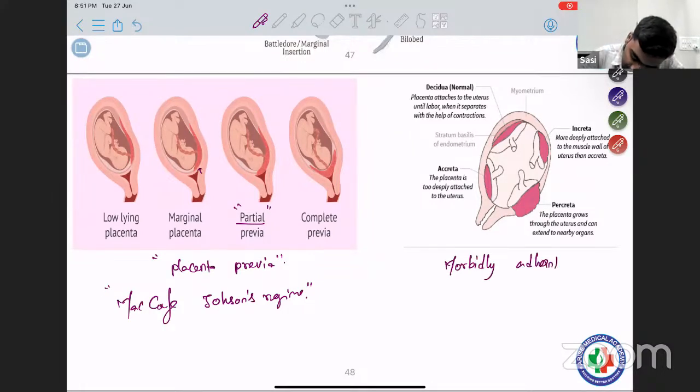Next one, if you see, there are different types of morbidly adherent placenta. This morbidly adherent placenta may happen because of the absence of one membrane. What is the name of the membrane which is absent in this morbidly adherent placenta? Answers in the comment section.